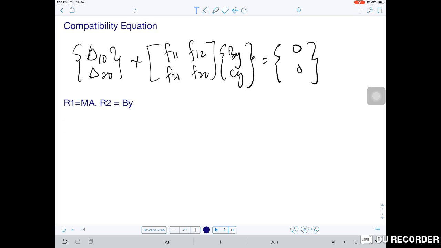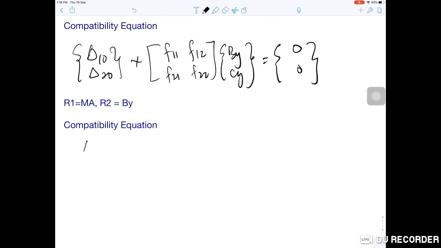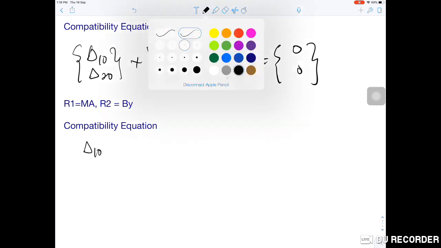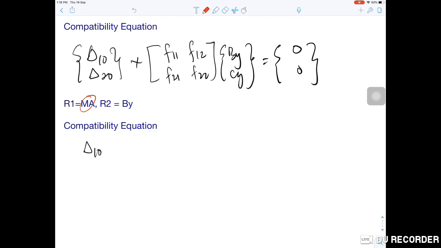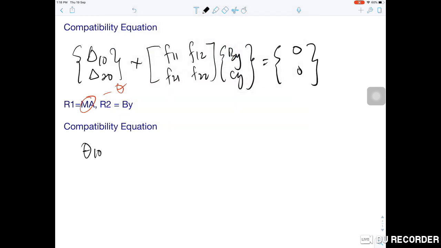So, for the compatibility equation, I will have it like this. Delta 1 naught. Is it delta? No. This is not delta because this is a moment. So, it should become theta. Theta 1 naught, and this one is delta 2 naught.